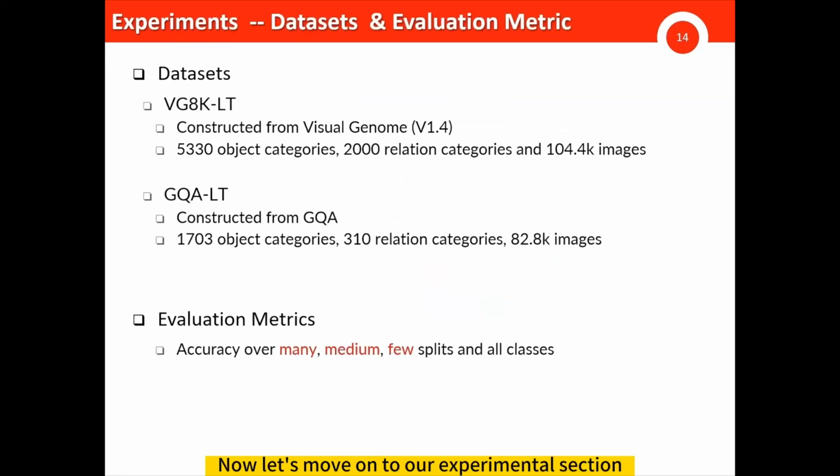Now let's move on to our experimental section. We conducted experiments on two datasets, which are derived from the original dataset with certain processing, and it can be observed that one of them is relatively more complex. As for the evaluation metrics, we report the accuracy of the classes many, medium, and few, based on the sample frequency, as well as the overall accuracy across all categories.